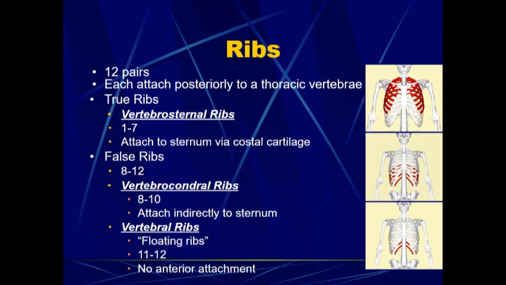So they have cartilage that attaches to the cartilage of the vertebral sternal ribs. So they themselves are not attached to the sternum, they're attached to cartilage instead. And then the last two are the vertebral ribs or the floating ribs. Because they have only vertebral attachments posteriorly, they have no anterior attachments.